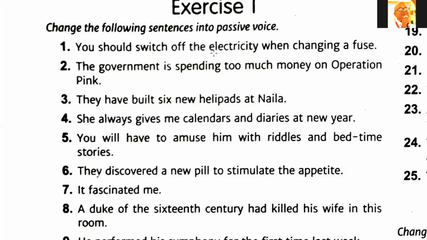Electricity is the object. So the electricity should be switched off when the fuse is being changed. That's the correction. Okay? Hereafter, you don't need to read the question, directly read the answer.